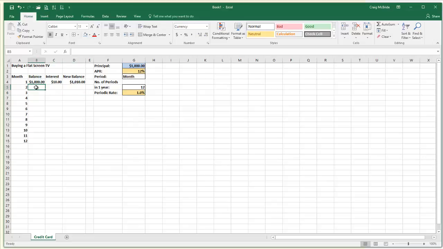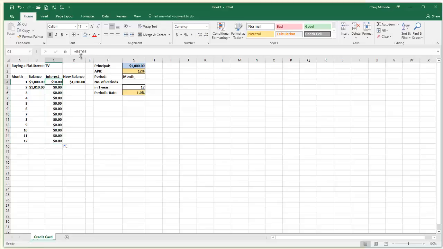Now, the next month, this starting balance is going to equal what it finished off in the last month. And again, we don't want to just type that number in. Let's define it. It's going to equal that amount. And then we could go through the whole thing of typing in this formula and this formula over and over again. But the nice thing about Excel is if you drag and drop, it will copy that formula.